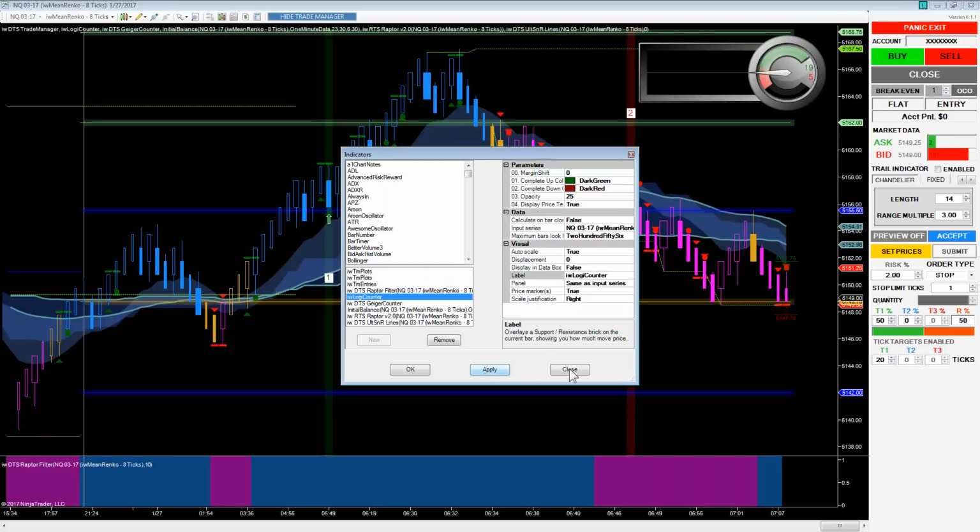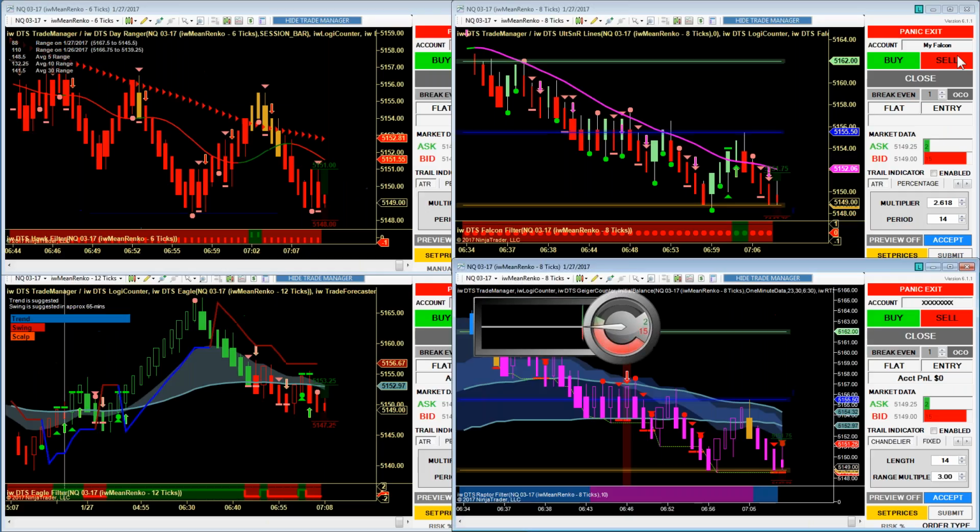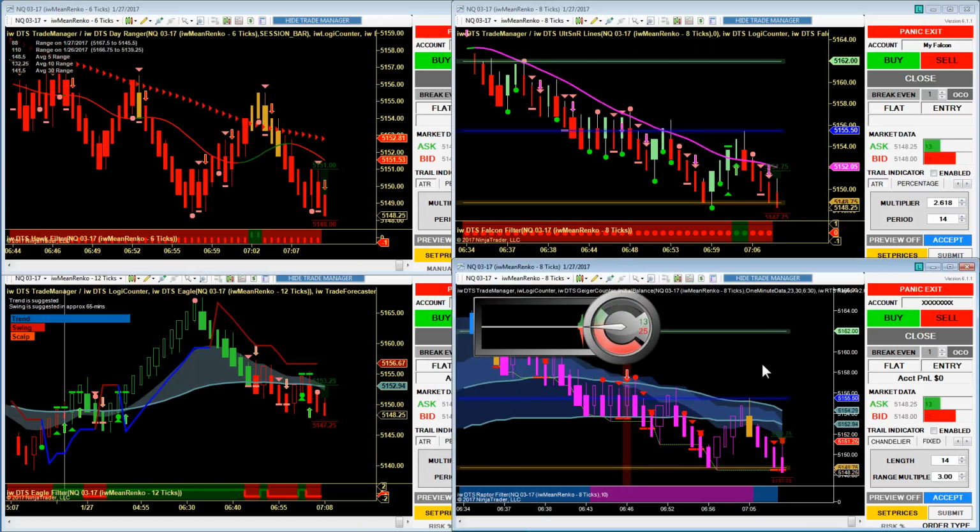Okay, I'm going to stay with that. Now, bear with me here while I save it before I forget again. Yes, I'm thinking 1.25 is working pretty good on the Raptor.